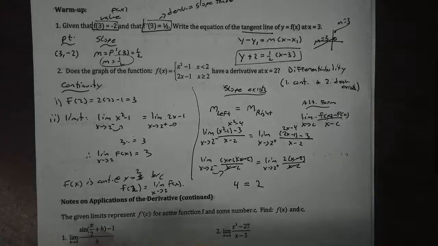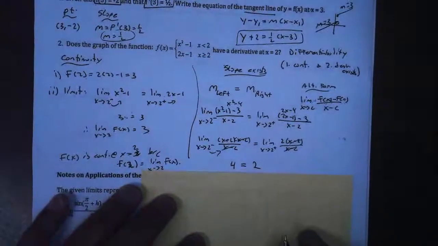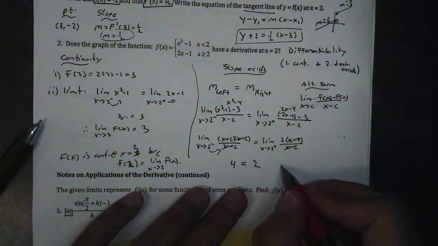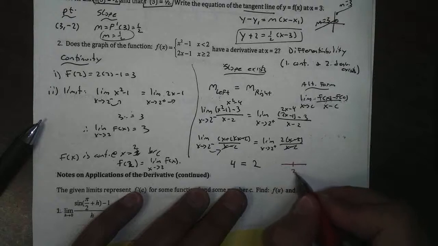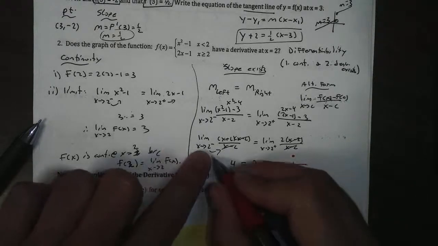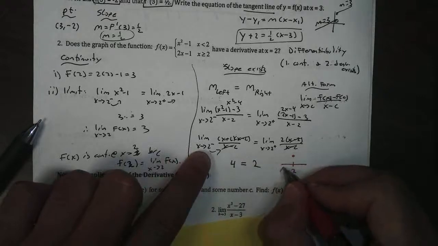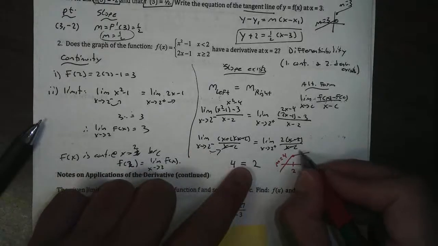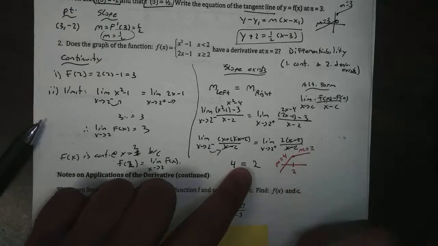You might recall from an earlier video, I talked about something called slope in, slope out. And so let's take a look here. At x equals 2, what's happening here? As we approach from the left side, the slope here is 4. But on the right side, as we leave, the slope is 2.